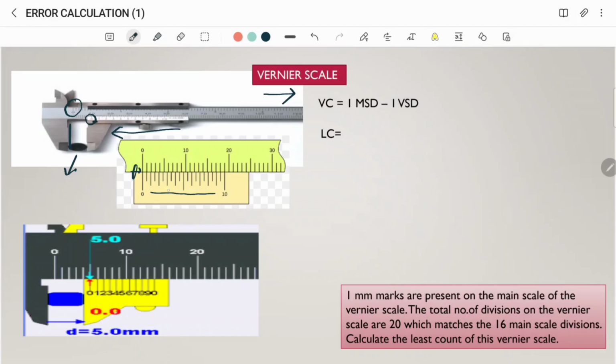So let us check for it, and you see this mark over here, this mark on the vernier scale coincides with this mark on the main scale. So this is 1, 2, 3, 4, 5, 6, 7, 8, 9, 10, 11, 12, 13, 14, 15, 16, 17, 18, 19, 20. The 20th mark on the vernier scale matches with this point on the main scale.